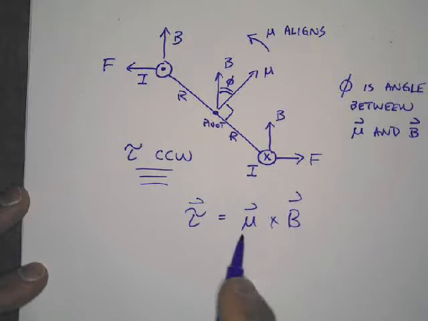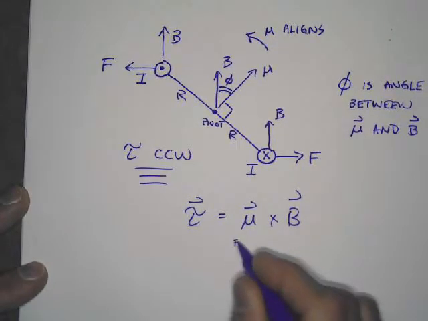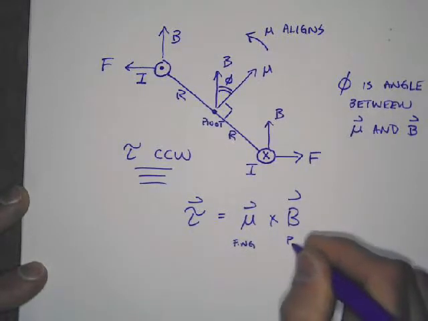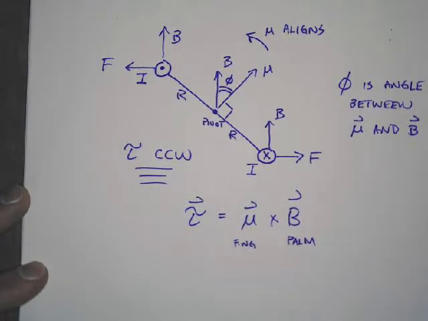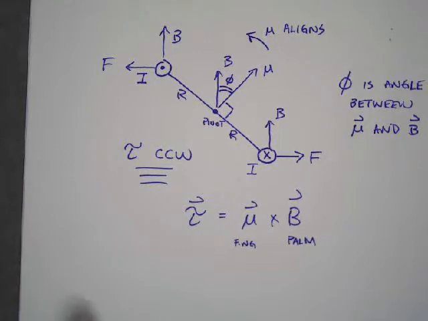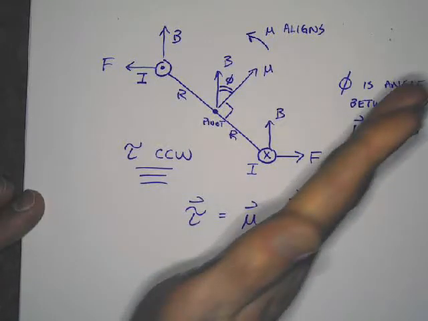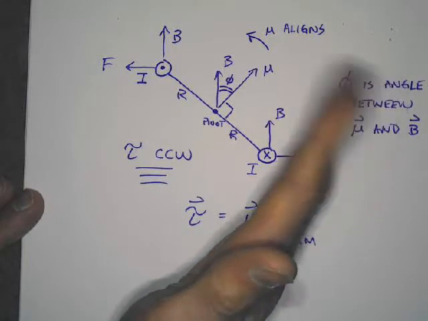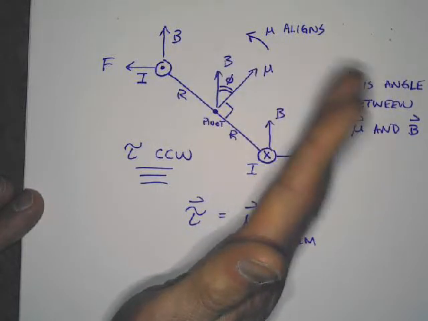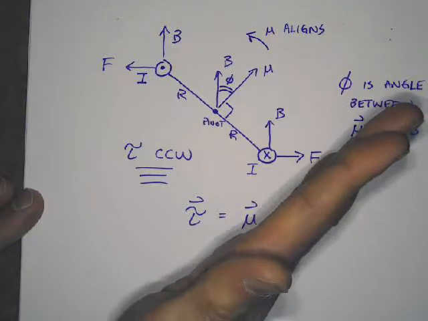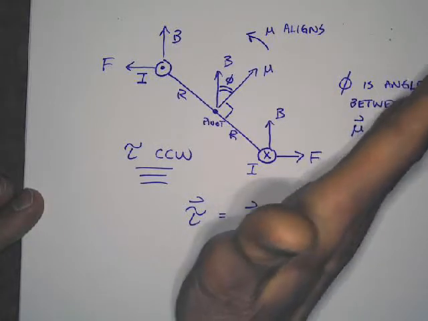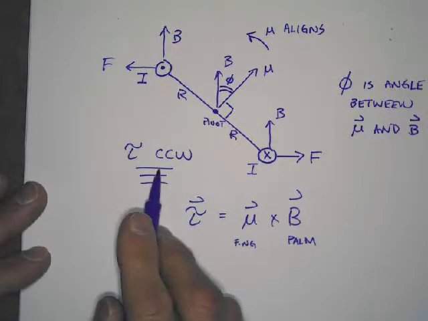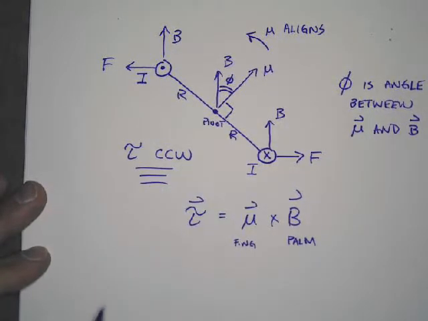If you try the cross product, you point your fingers in the direction of mu and your palm should face B. So I'll do that on the page here. My fingers go with mu, my palm faces that way, and my thumb is pointing out, which means that's a counterclockwise or a positive torque.